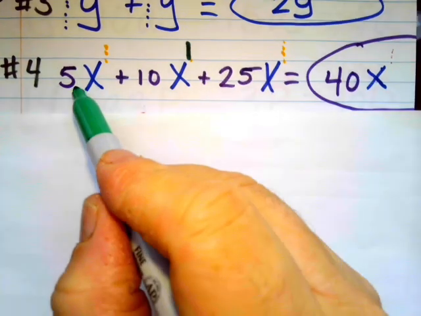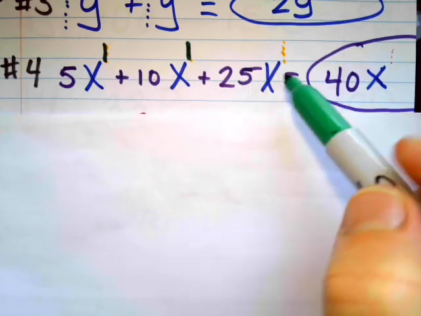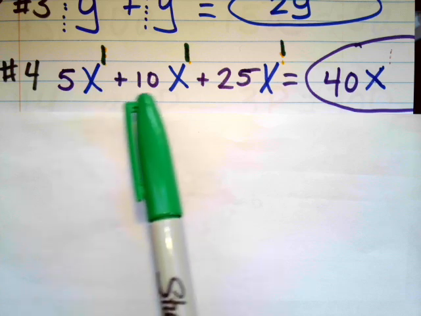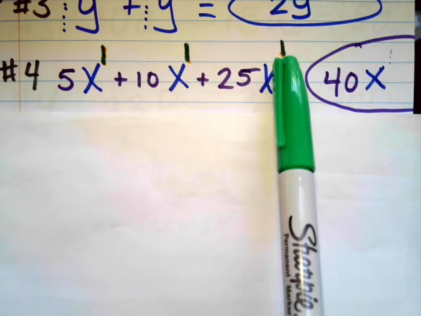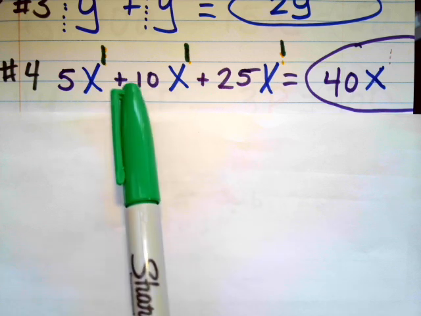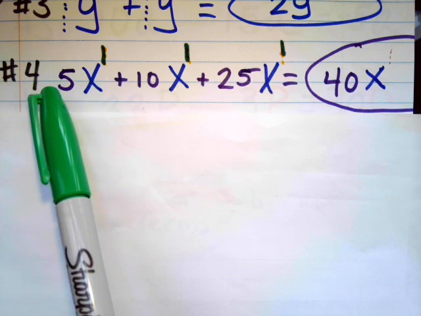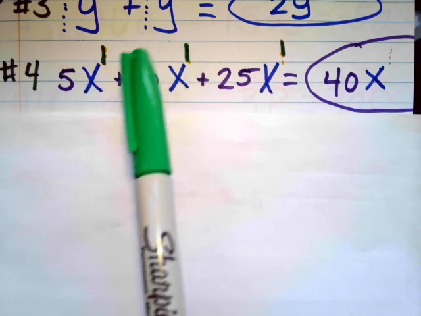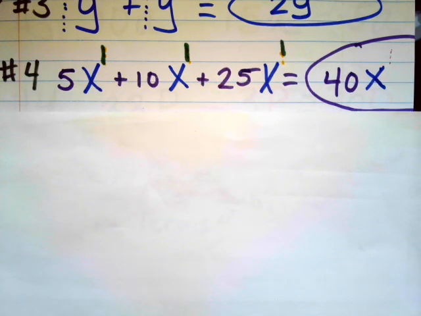So we have 5x to the first power plus 10x to the first power plus 25x to the first power. We have the same base of x in each of the terms, and the same exponential power. By the way, each of these terms is separated by a plus sign, so positive 5x to the first power is a term, positive 10x to the first power is a term, and positive 25x to the first power is a term.